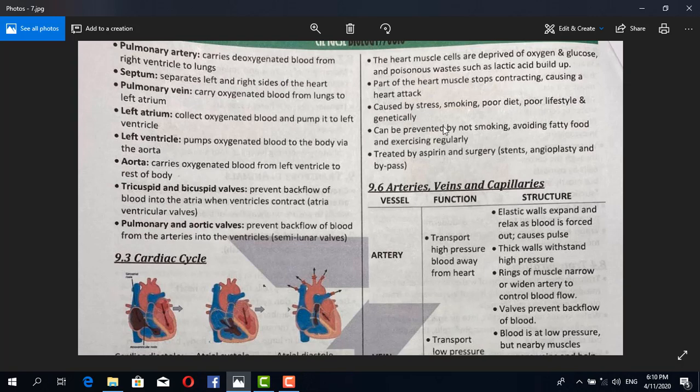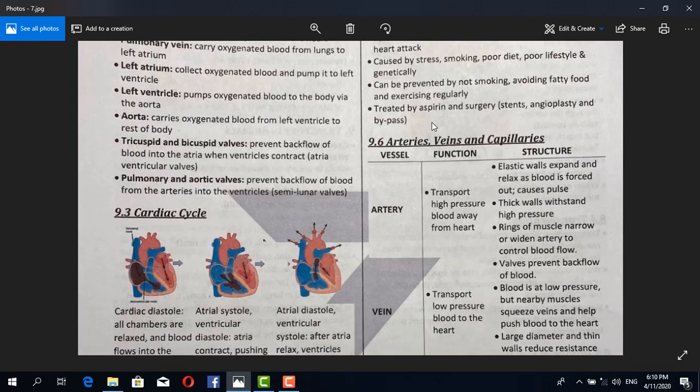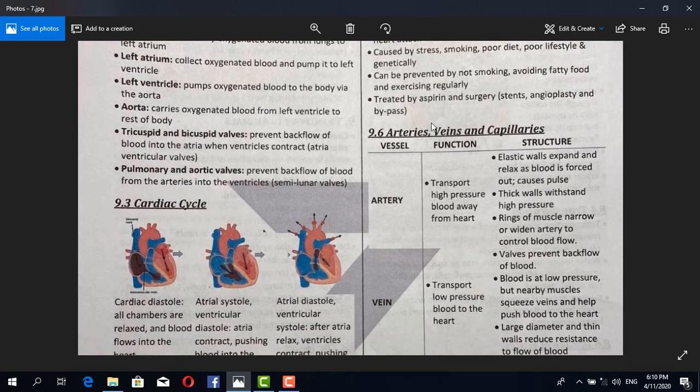It can be prevented. How can I stop a person from getting coronary heart disease? Advise them not to smoke, avoid fatty food and exercise regularly to make them a healthy person. And sometimes, how do I treat a person who has coronary heart disease? The first thing, since the artery is blocked, I will make sure that this blockage is removed.